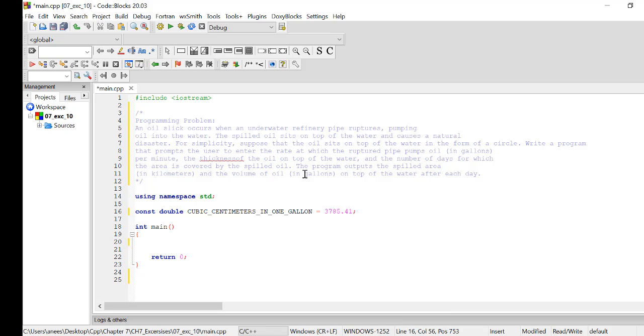Now that is the conversion for the amount of cubic centimeters in 1 gallon. Pretty self-explanatory.